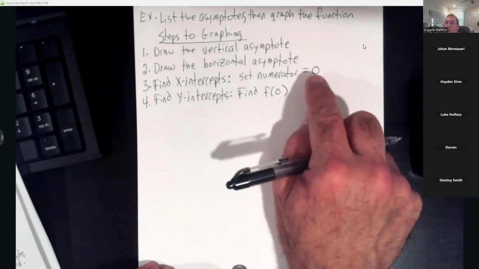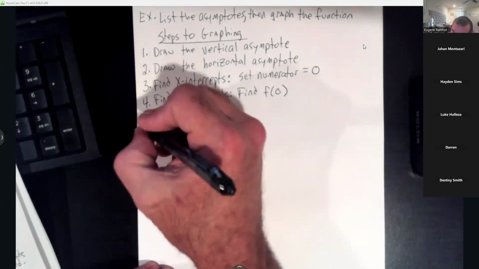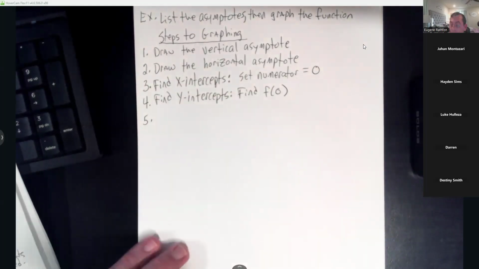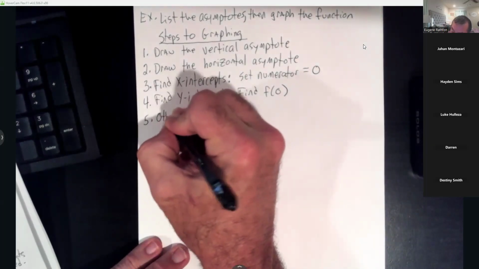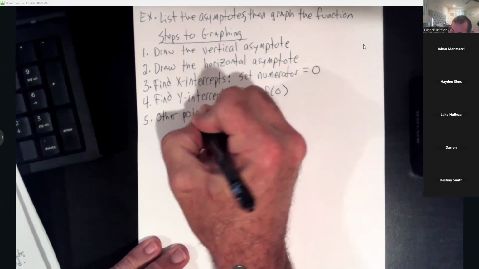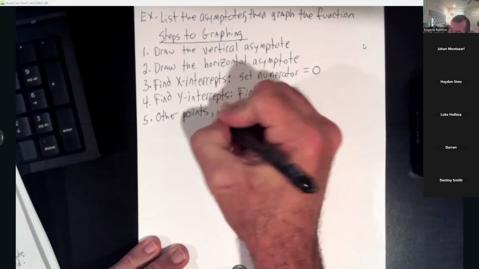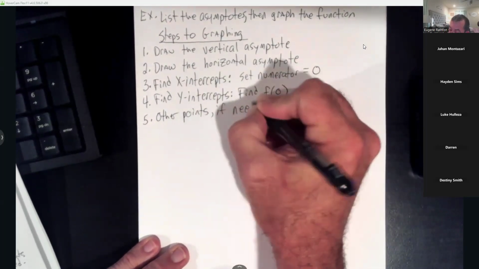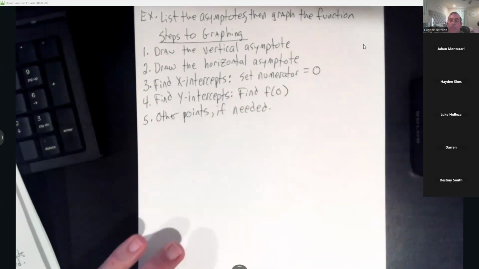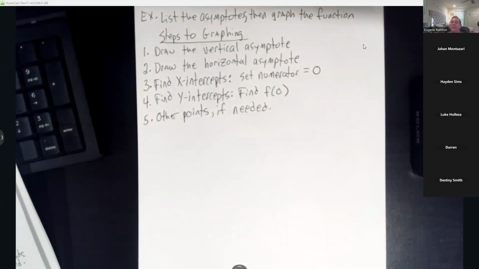That'll tell me where it's going to cross the y-axis at. And then y'all, if needed, find other points. So that would be put a 1 in for the x's or a 2 or any other points you need if you need them, okay?